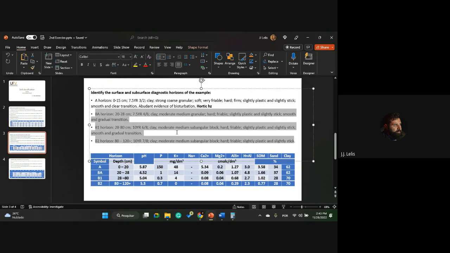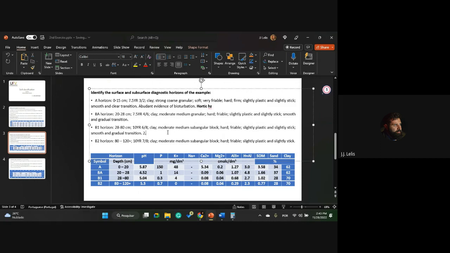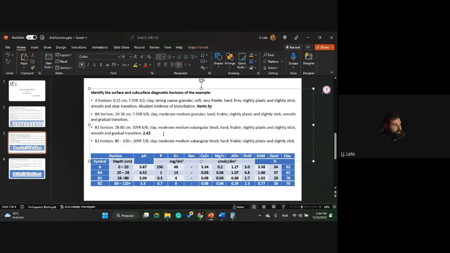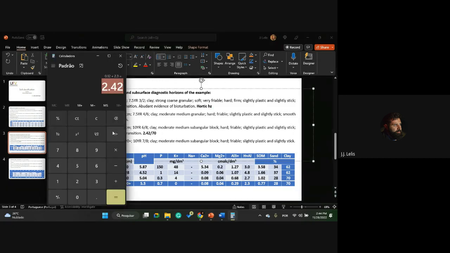And now we need to divide this number by the clay content, that's 7%. So let's calculate this. And now multiply by 100.